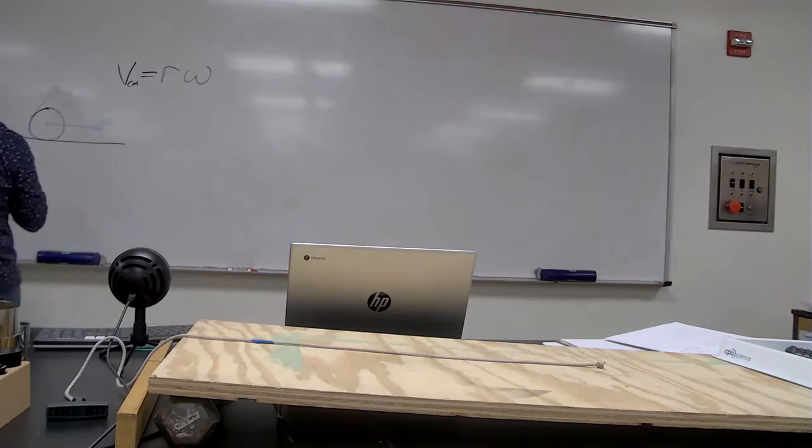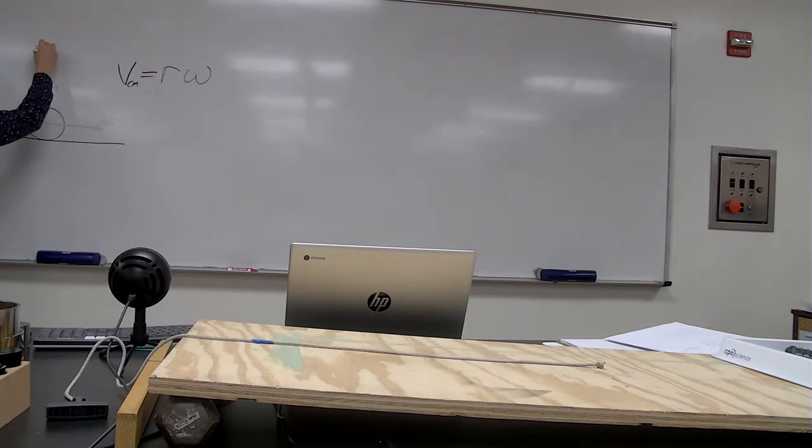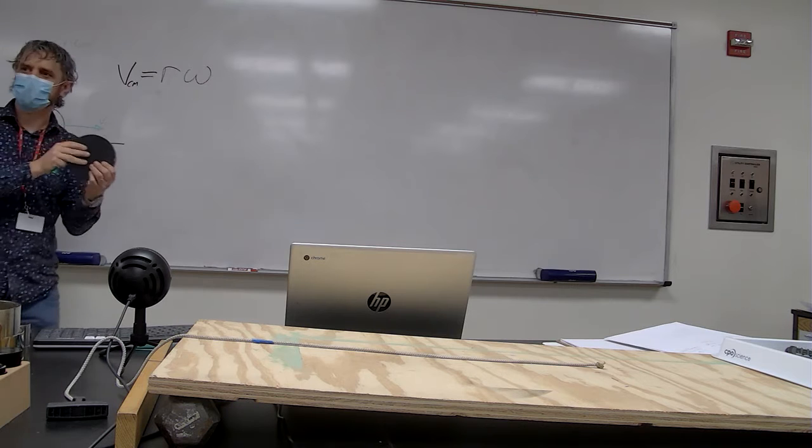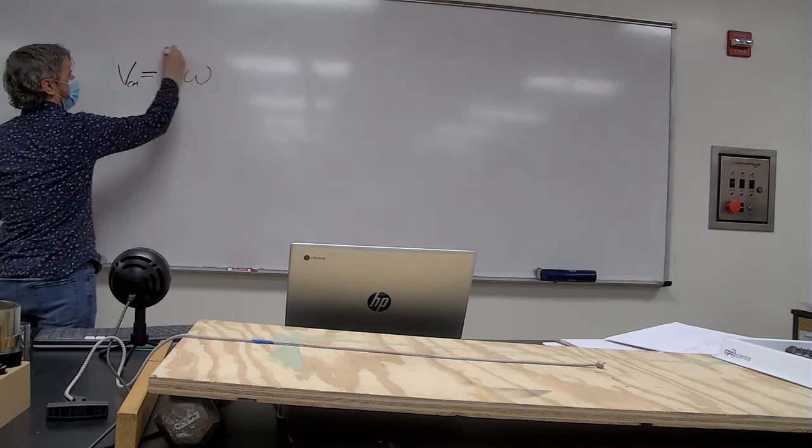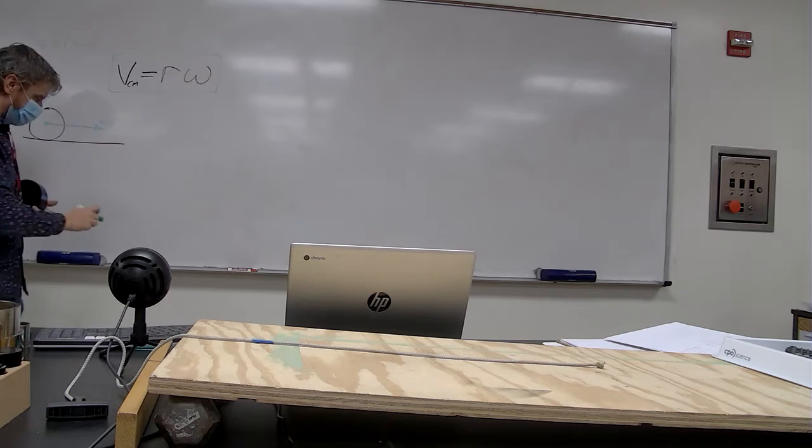It's really this point on the rim that's equal to r omega. But if I can prove that the translational velocity of the object is the same, then I can make this claim, and then we can solve that problem that we solved yesterday.